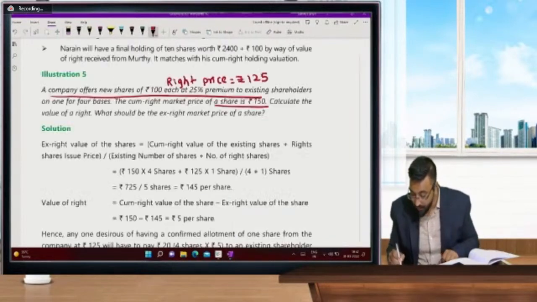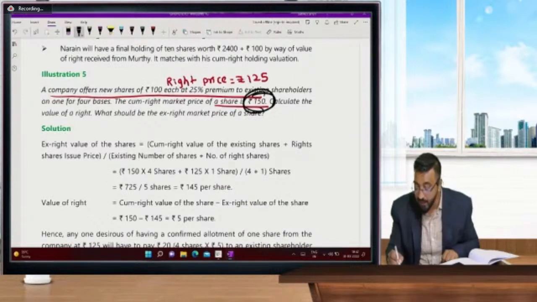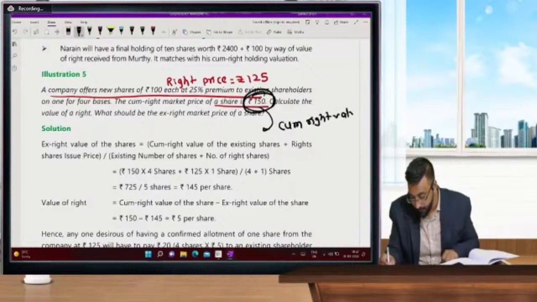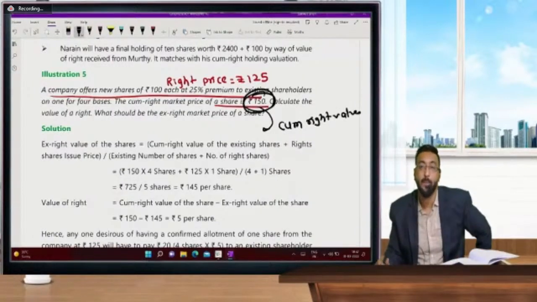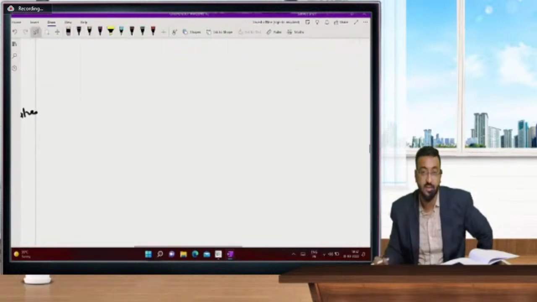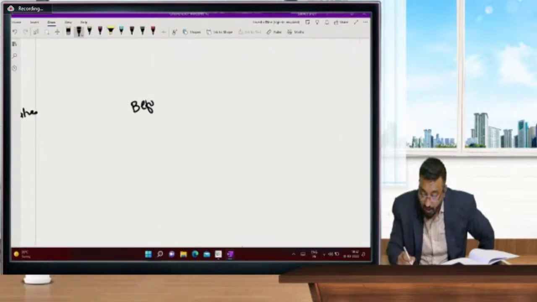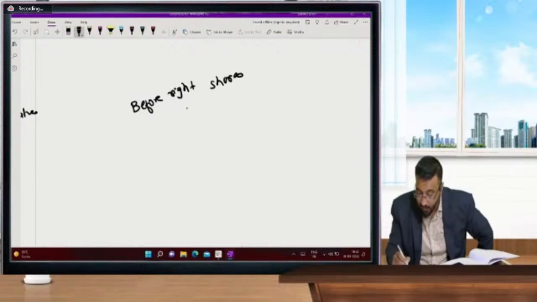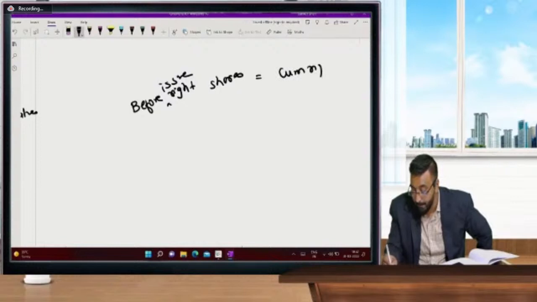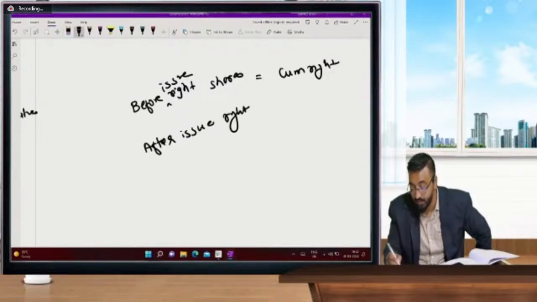Now, this 150 is called the cum right value. What is cum right value, beta? Cum right value means before right shares. Before the issue of right shares, the price is called cum right, and ex right means the price after the issue of right shares.